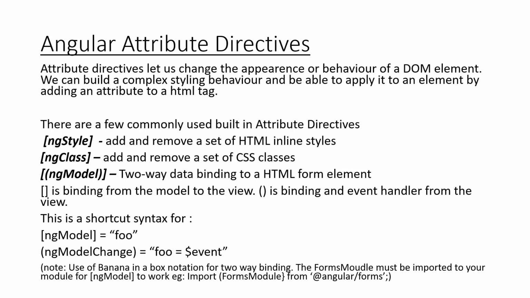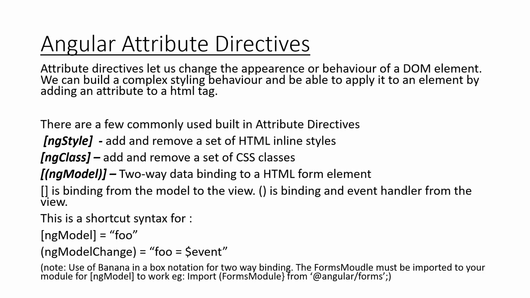And the ngClass is about adding or removing classes from a particular HTML tag. And you'll note that they both use the square bracket syntax, that is a one-way binding, which takes information from the component and displays it in the view.